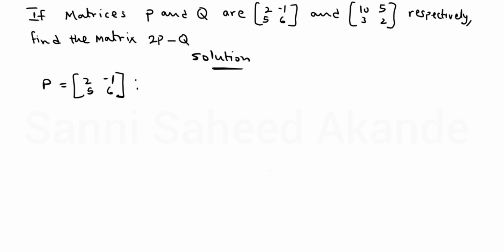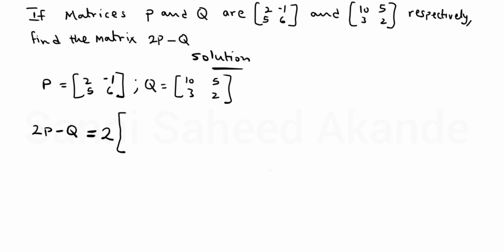While Q is given to be 10, 5, 3, and then 2. So the question says find 2P minus Q. So 2P minus Q will be equal to, just write this 2 is a constant, then multiply by P. P is given as 2, minus 1, 5, 6, then minus Q, and Q is 10, 5, 3, and 2.